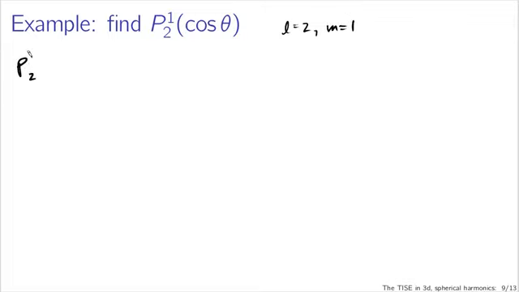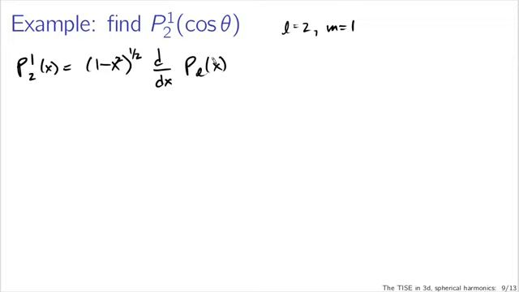P subscript 2 superscript 1 of x is given by 1 minus x squared raised to the power m over 2, 1/2 in this case. Then I take the mth derivative, i.e. the first derivative, of P sub L of x, the Lth order Legendre polynomial.